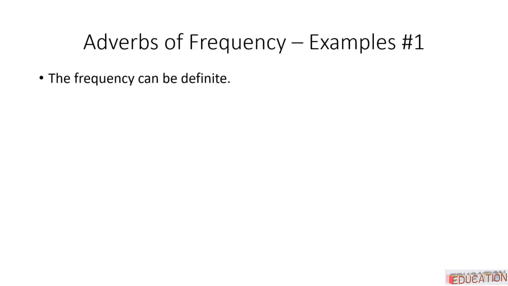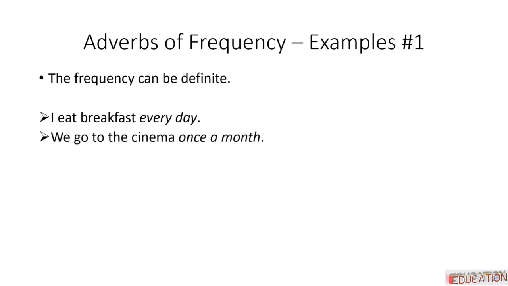Let's look at some definite adverbs of frequency. I eat breakfast every day. And as in all these examples, the adverbs are in italics to make them stand out easier. We go to the cinema once a month. They go on holiday twice a year.